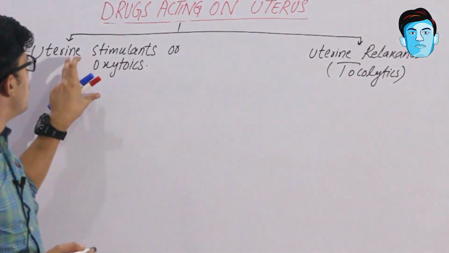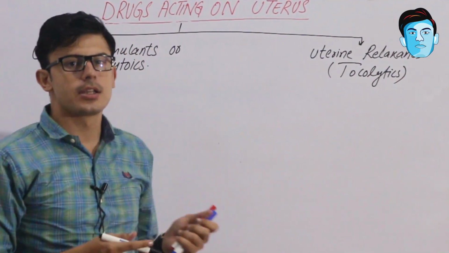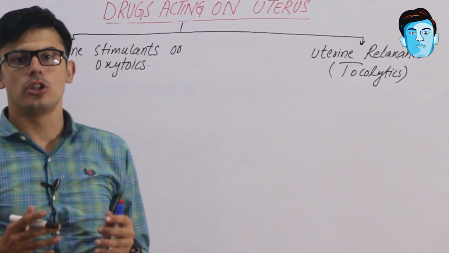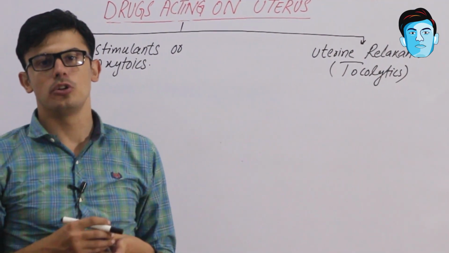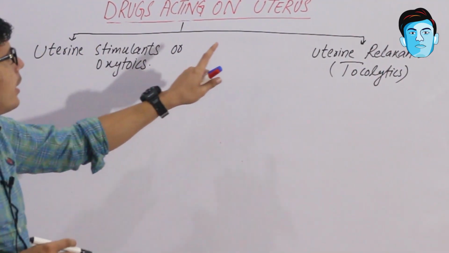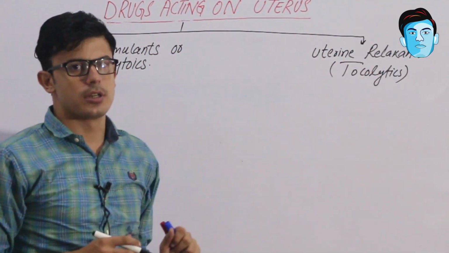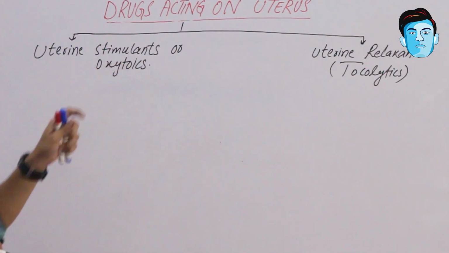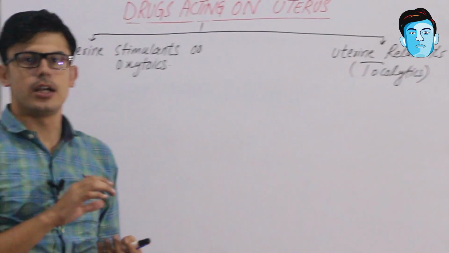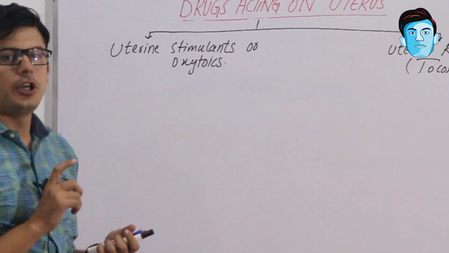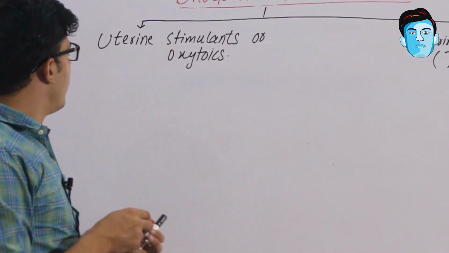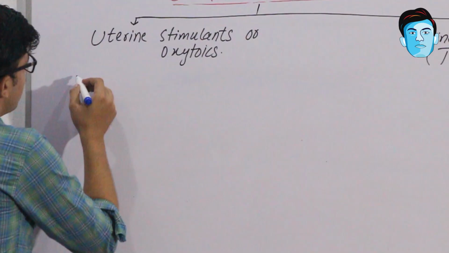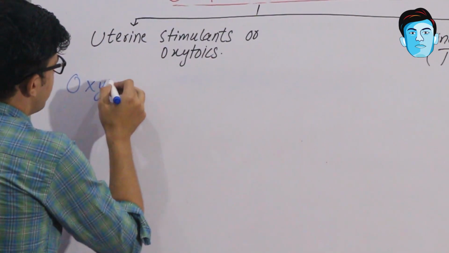These uterine stimulants are the drugs that stimulate uterine contraction and may lead to parturition, and the other group are the drugs that relax the uterus. Now there are certain drugs that come under the class of uterine stimulants. For that we have a sentence, and you need to remember it.